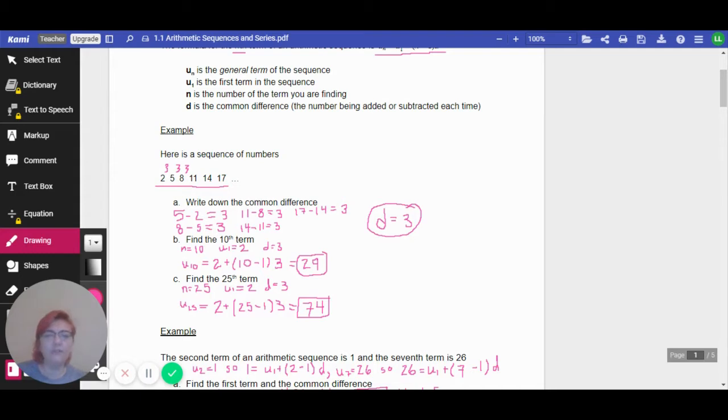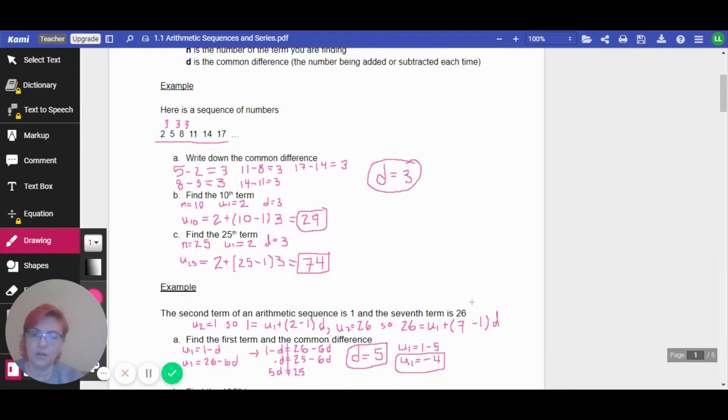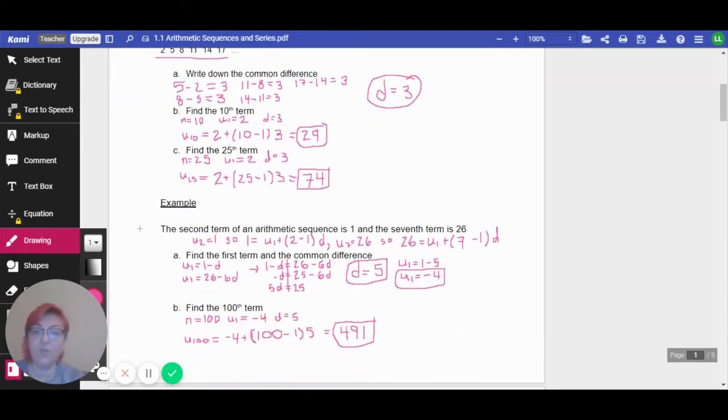When we're not looking for a term, we're looking for a missing piece. All right, so here we know the second term is 1 and the 7th term is 26. We want to find the first term and the common difference. So you'll see here that I wrote the second term is 1.